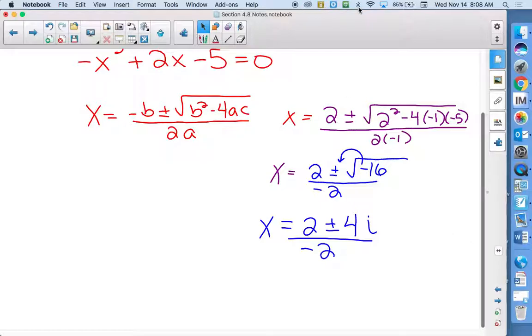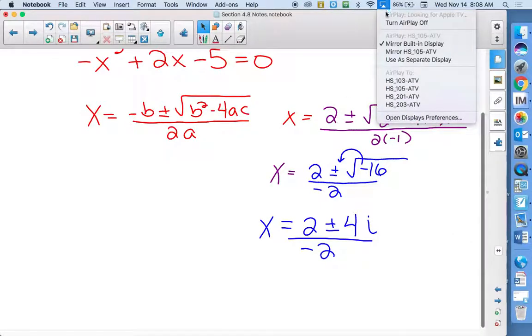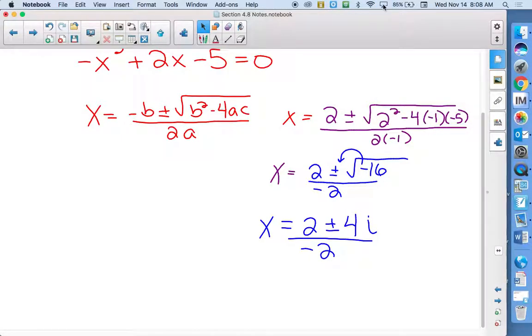And then we need to try and reduce this because it says we're dividing by -2. So we have currently x equals 2 plus or minus 4i, and then dividing by -2. What do you think?